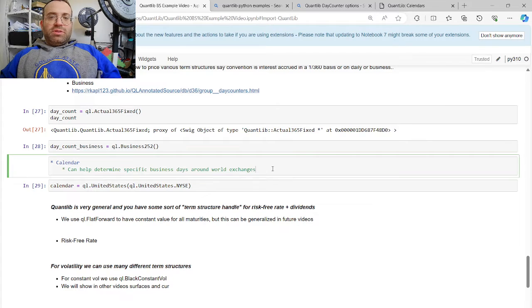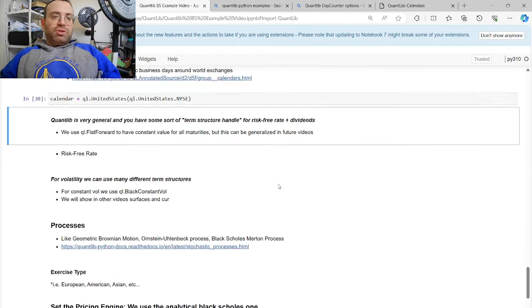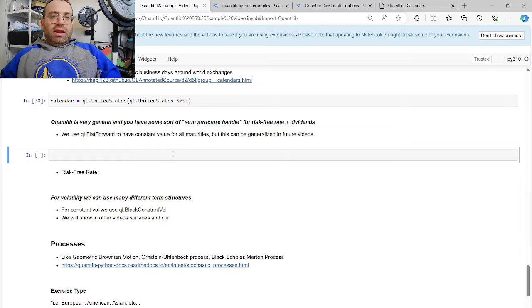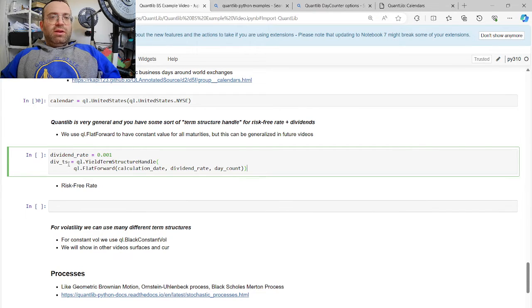But for most of you, even abroad, I'm guessing that you trade the U.S. stock market. Okay, so we said that QuantLib is very general with risk-free rate and dividends. You can have a term structure or a fancy thing or stochastic or whatever. But just to show you, for dividend rate, if you just want a constant, you'll give the dividend rate and you'll do QL.YieldTermStructure because it's so general.